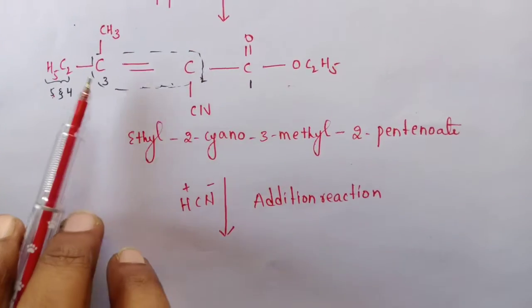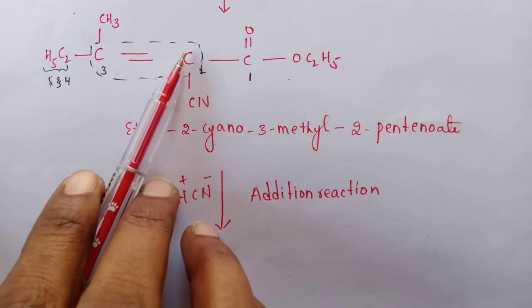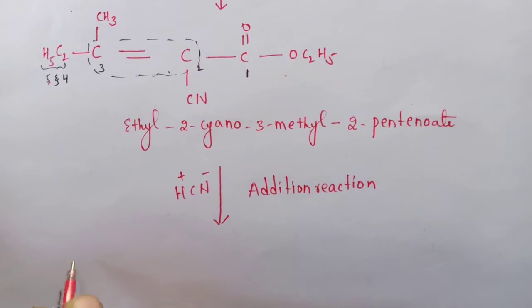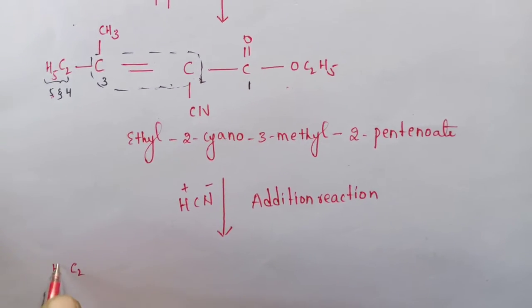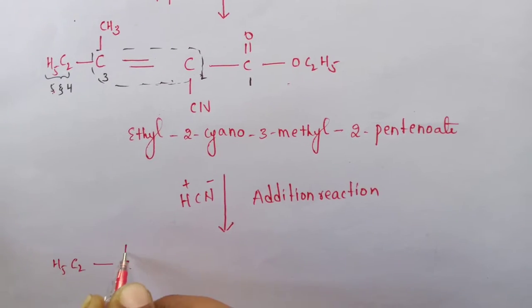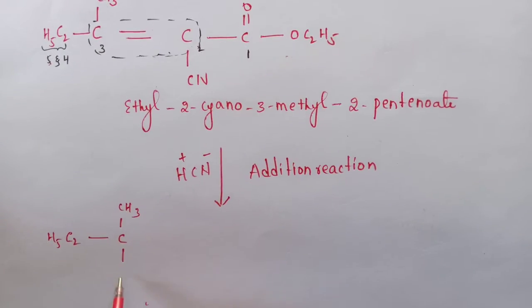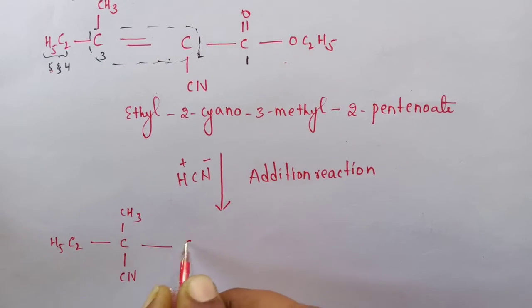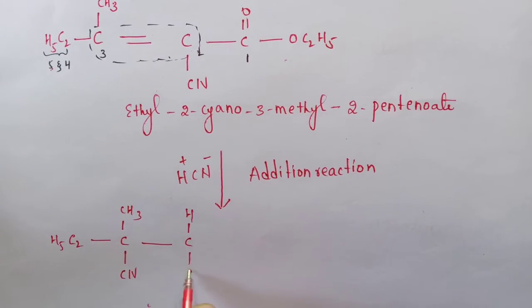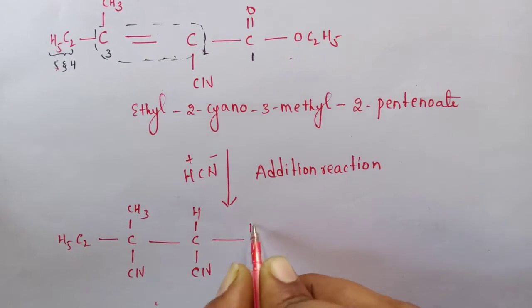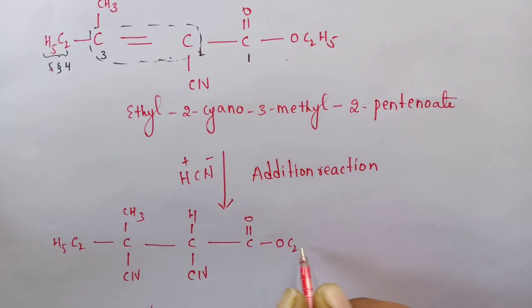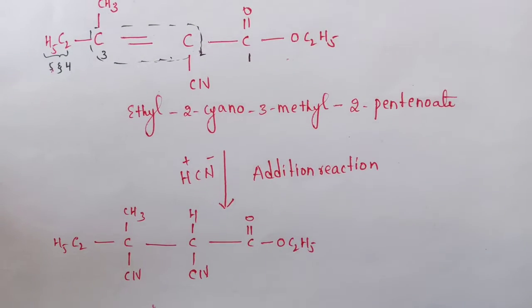Add cyanide to the third carbon atom, H plus to the second carbon atom, and write the product as C2H5 C CH3 CN, single bond CH CN C double bond O C2H5. This is the product we are getting.